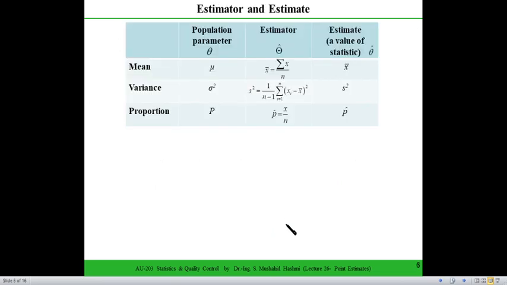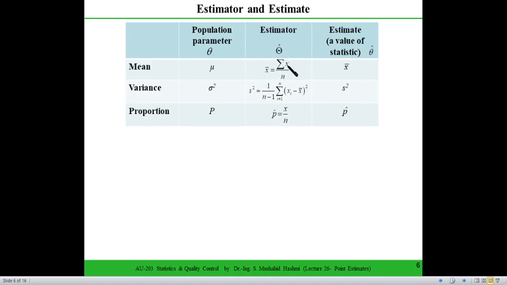For example, we have population parameters. Always we use a Greek letter to represent a population parameter. So mu, sigma squared, or p represent the mean, variance, and proportion. And the formula to predict this population parameter is called a statistic, and that statistic is represented by a certain formula.